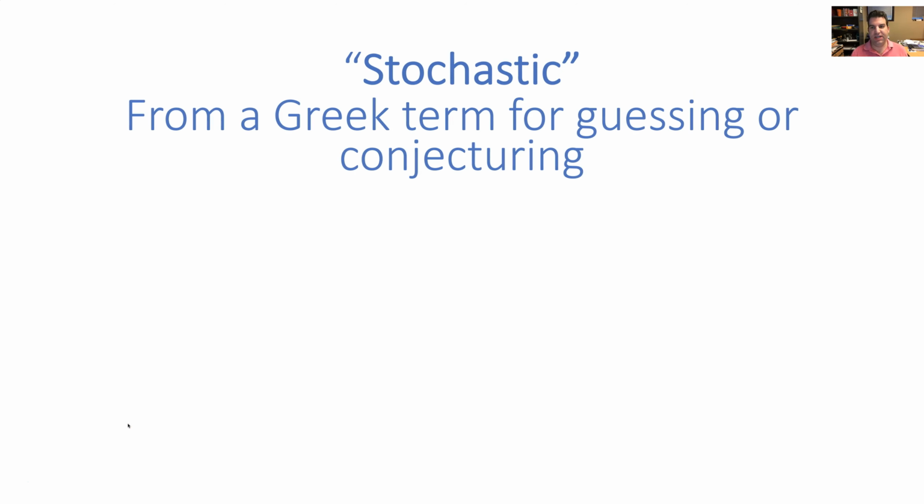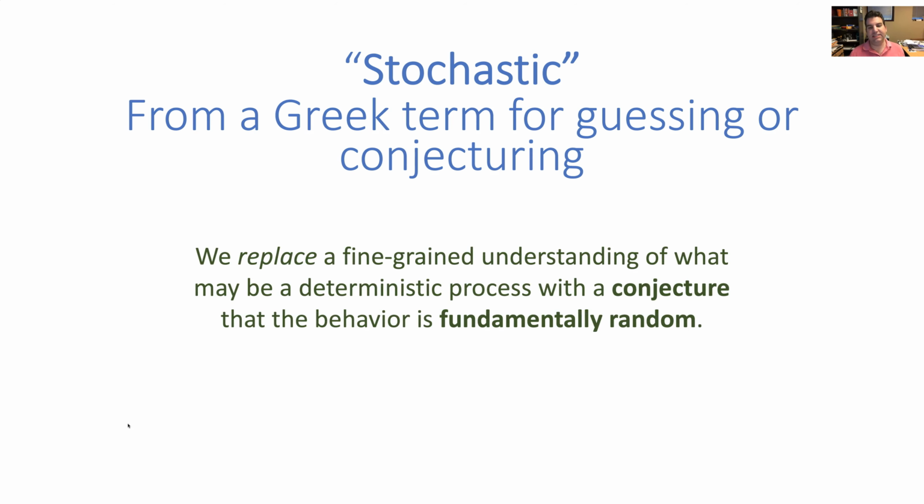The term stochastic is originally a Greek term which represents guessing or conjecturing. It may seem strange today to associate it with randomness, but when people started using this term, there was a big push for models which captured all of the fine-grained deterministic details of real systems.